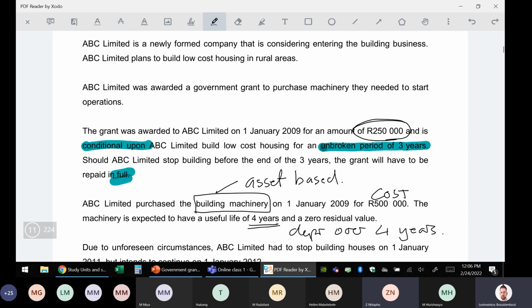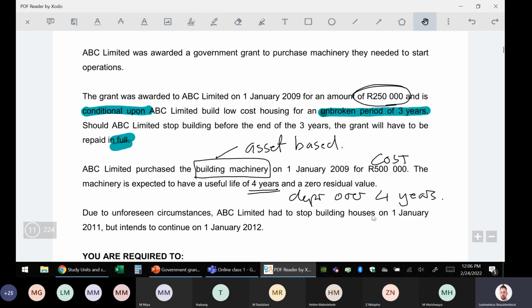All right. Due to unforeseen circumstances, they stopped building houses on the 1st of January 2011, but they intend to continue later. All right. So that means within the first 3 years, they have stopped. All right. And now what is the consequence? We have to repay the 250,000 grant.